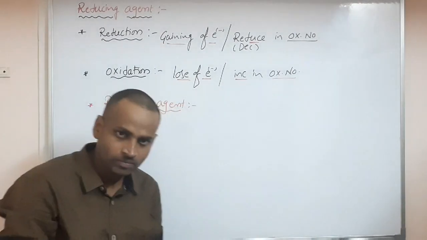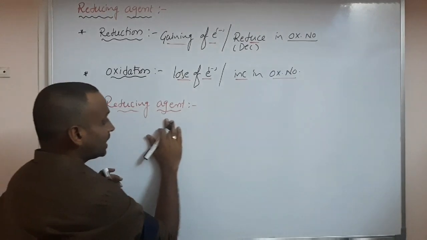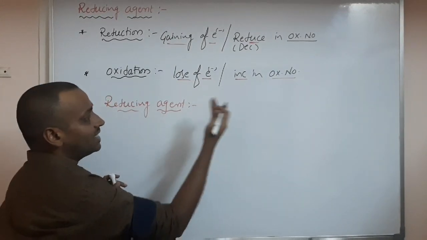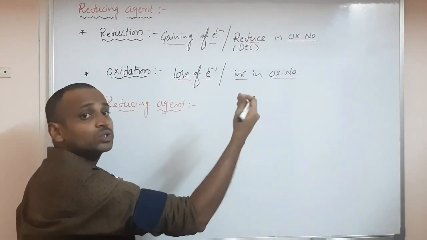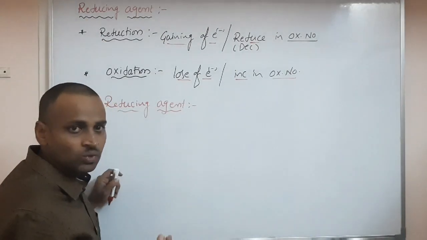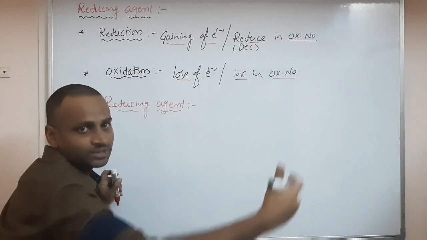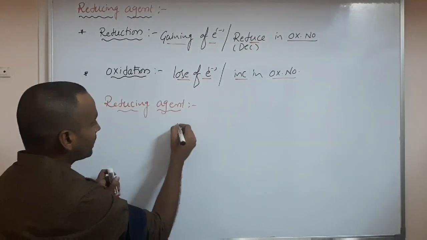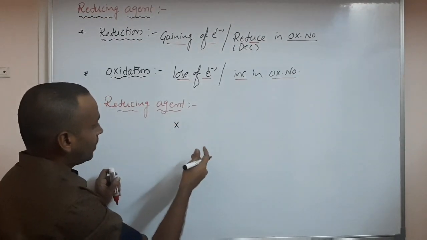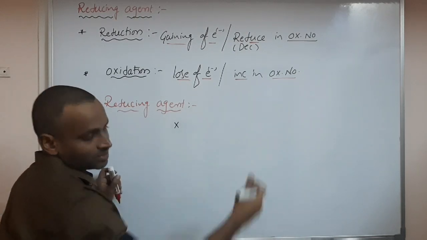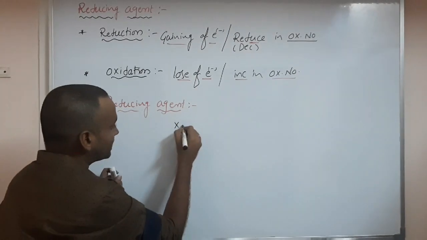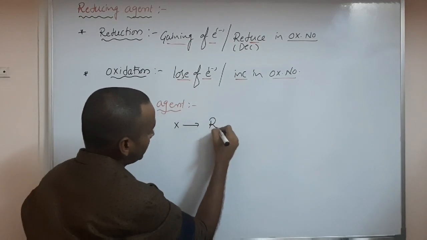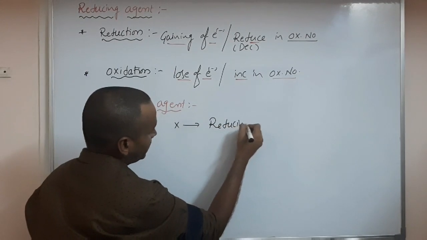Reducing agent is our next concept. A reducing agent means an agent that reduces others. What does an agent do? An agent helps others. Here, agent means some particular atom X is reducing others. This X is an agent, a reducing agent.